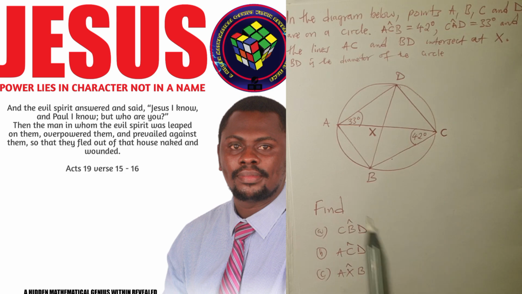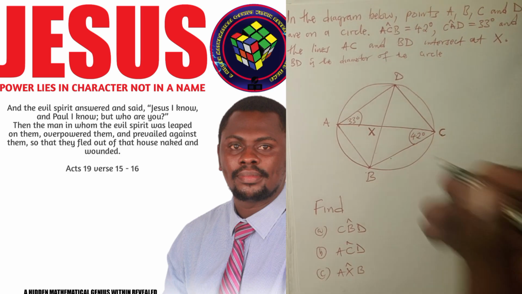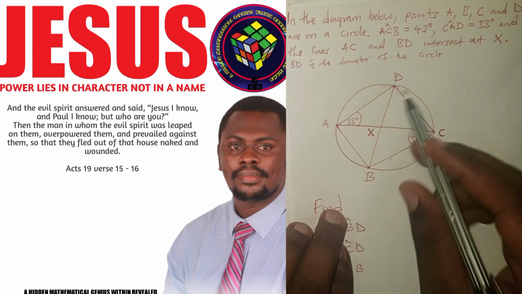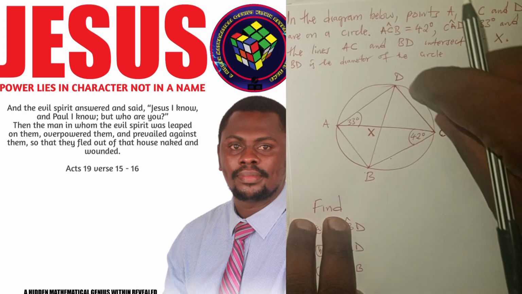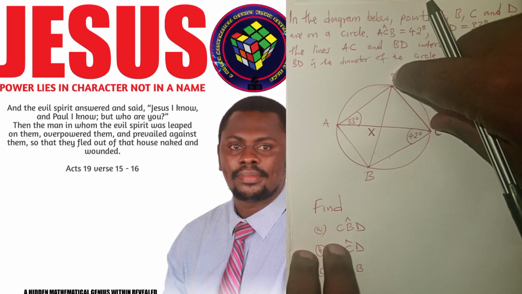So we are told, find angle CBD. The angle there, CBD. So we can see that this angle CBD, that is angle at B, is coming from a chord CD or an arc CD.